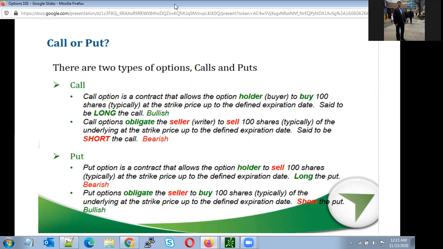The premium will go up, and you will make money. Again, you are paying something, and when you pay money to buy something, your risk is only what you paid for that. So when you buy the put contract and the stock goes down, you make a profit.